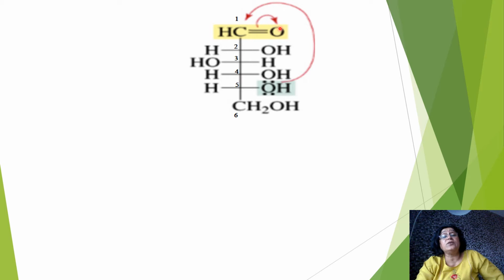The pi electrons get shifted to oxygen, oxygen gets a negative charge and carbon gets a positive charge. This carbon with positive charge attracts the electrons present on the oxygen attached to the fifth carbon. And when it attracts the electrons, a bond is formed between this carbon and oxygen. So this forms a ring. And the H of the fifth carbon gets attached to the oxygen of the first carbon, and the hemiacetal structure is formed.